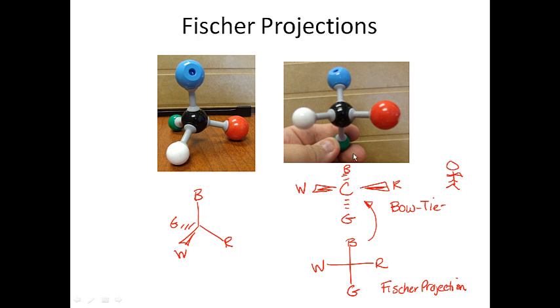You can read that in the textbook, but if you can imagine my white group here, and this is normally a hydrogen, if this was pointing towards me and I wanted to put it on either the blue or the green positions pointing away from me, I'd have to come over here with my hand and grab the red and then rotate the blue group and the white group, so that I'd have to rotate around those three groups to then put the white back on a dashed wedge in order to determine the configuration of that chiral carbon.